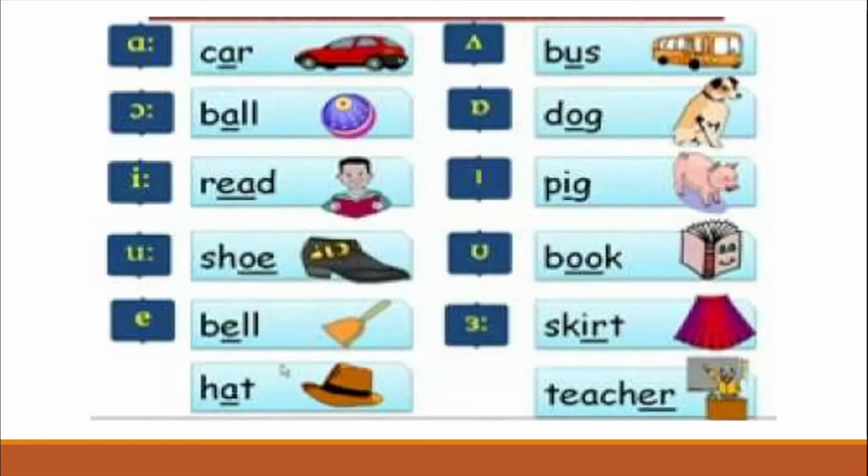Bus, so see the R sound is almost the same. Ball, dog, but in one place you have the A, in the other place you have the O. When you're saying car, you have A. When you're saying bus, you have U. Isn't it? See, read, you have EA. Pig, you have I. So that means, just like one letter can have different sounds, different letters can also have the same sound.